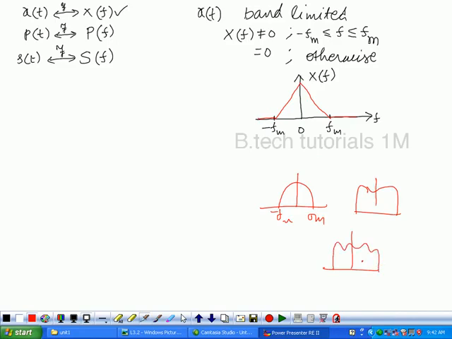You can select any shape, as x of t is not known to us. If x of t is known to you, you can exactly draw the frequency spectrum. But here, x of t is an arbitrary signal, so that's why I selected some arbitrary shape. It's not a triangle. We just consider it as some arbitrary shape because we are assuming the signal x of t is band limited.